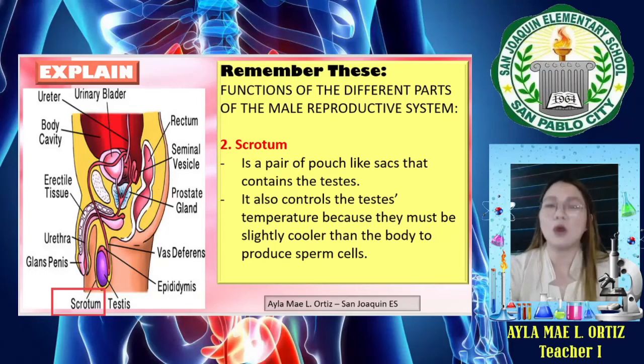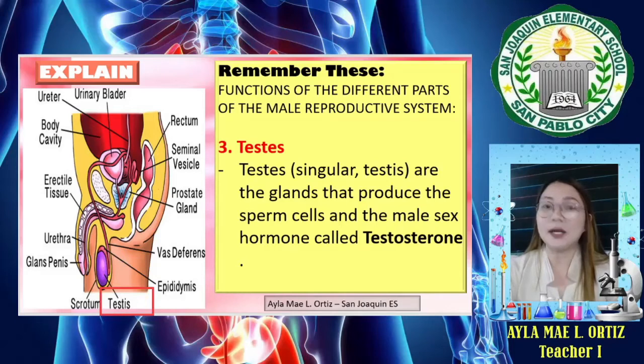Okay, class. The third one is the testes. So these are the glands that produce the sperm cells and the male sex hormone called testosterone. So in fact, class, the average male will produce roughly 525 billion sperm cells over his lifetime and shed at least 1 billion of them per month.